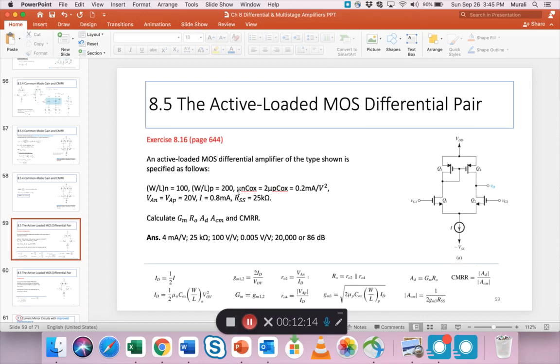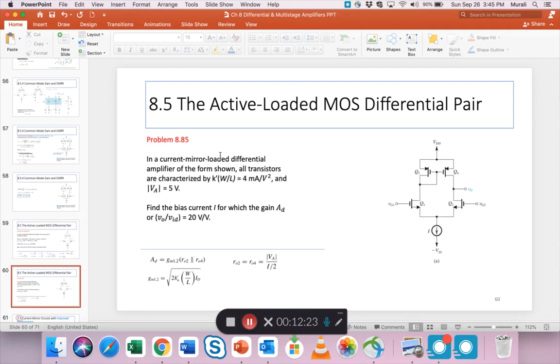Mu n COX is Kn prime. So that's given separately, and W by Ln is separately. But here he has clubbed it into one. And VA is given to be 5. So this VA, when it's in absolute value, applies both for NMOS and PMOS devices.